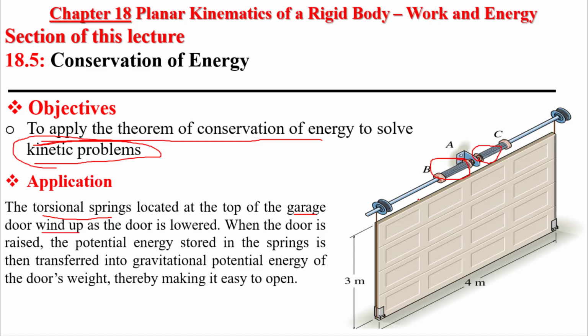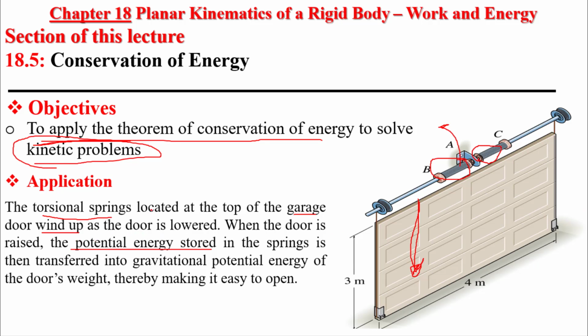Whenever the door is going down, the springs become compressed, and when the door is raised, the potential energy is released. So whenever the door is lowered, the spring stores potential energy, which we'll call, in the coming slide, elastic potential energy.